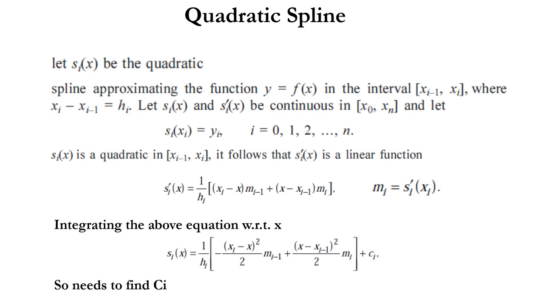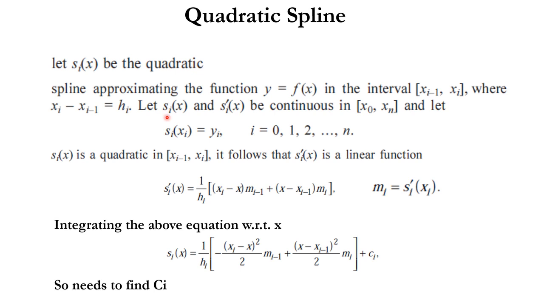Let Si of x be the quadratic spline function approximating the real function y equal to f of x in the particular subinterval xi minus 1, xi, where again the spacing hi is defined as xi minus xi minus 1.